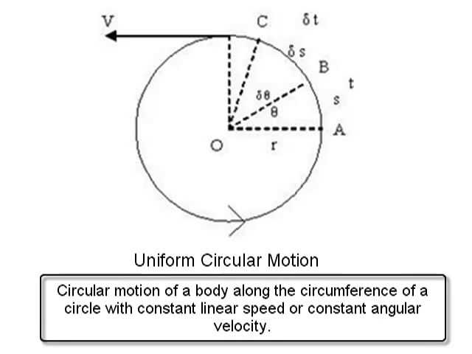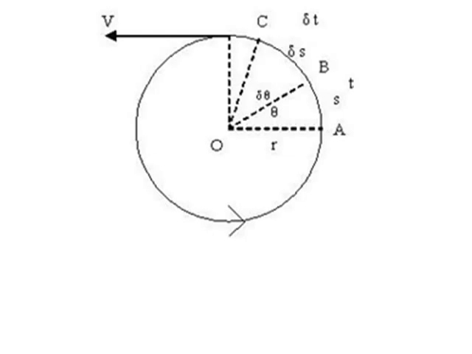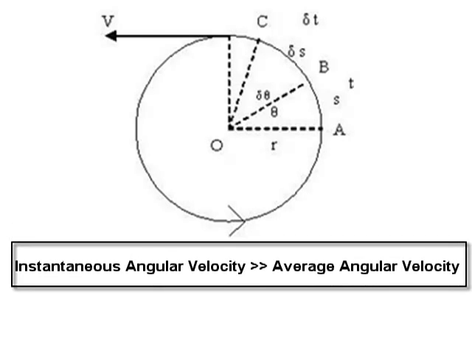So uniform circular motion is defined as circular motion or motion of a body along the circumference of a circle with constant linear speed or constant angular velocity. It is found that in UCM, the instantaneous angular velocity is magnitude wise same as average angular velocity.